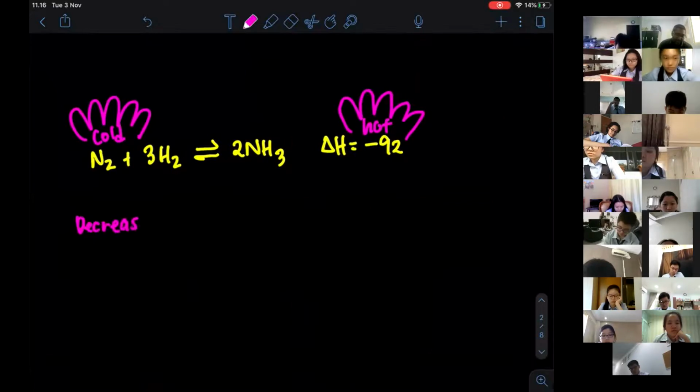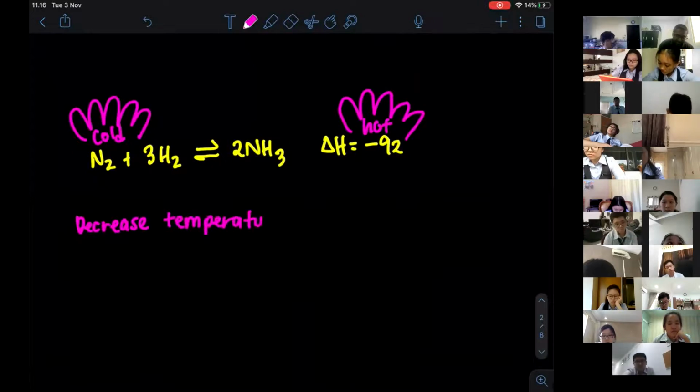According to Le Chatelier's principle, when you decrease the temperature, you need to try to increase the temperature. How do you increase the temperature, Justin? Cold to hot or hot to cold?